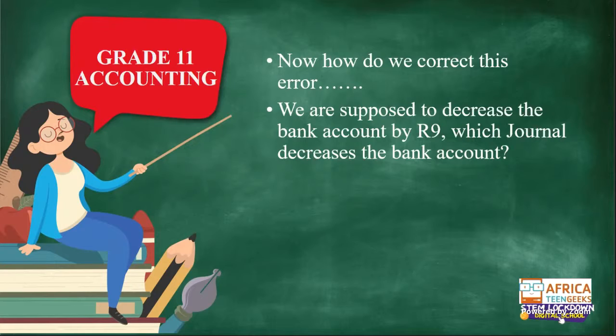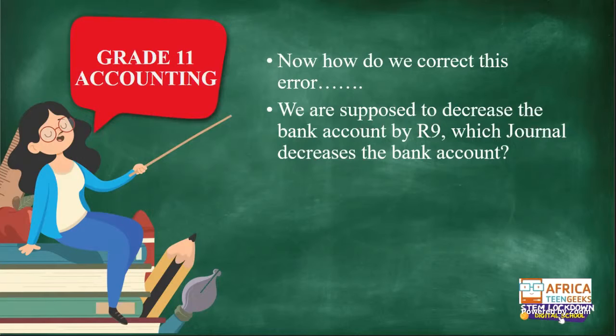Now, on which side do we record transactions that result in a decrease in the bank account? On the CPJ, right? All the transactions that result in a decrease in the balance of the bank account will be recorded where? In the CPJ.